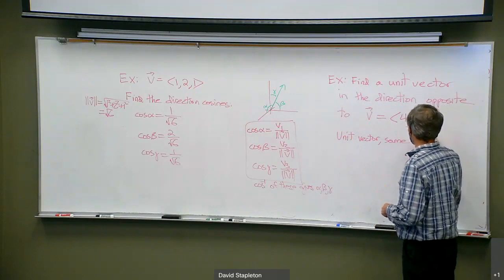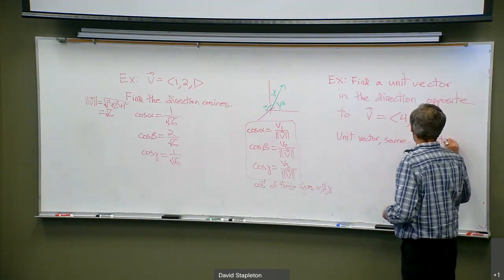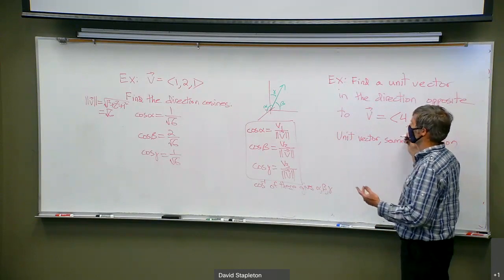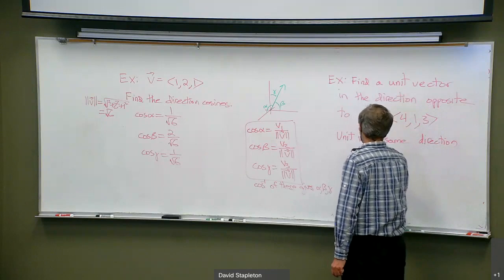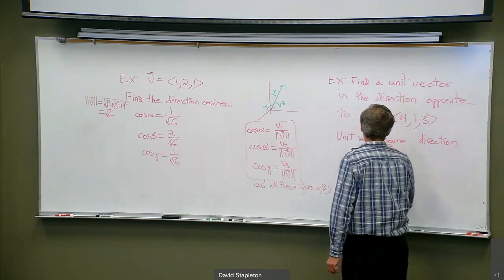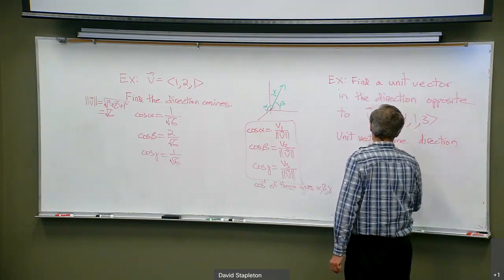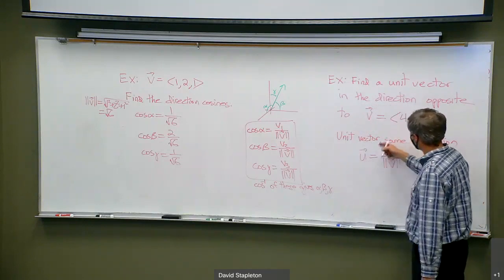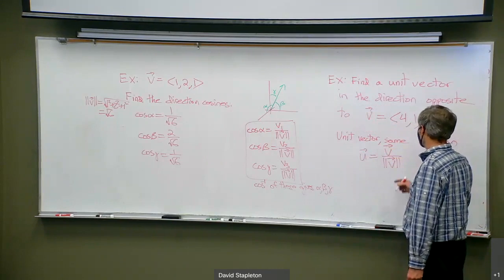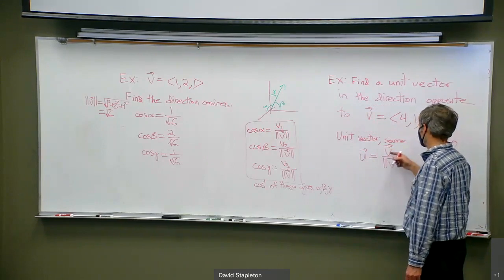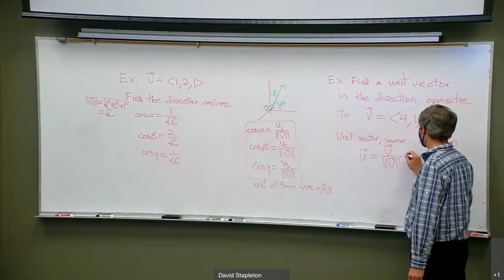So u equals v divided by its length. The length of the result will be the length of v times 1 over length of v, and it'll be 1. So that's how you always compute a unit vector in the same direction: divide the vector by its length.